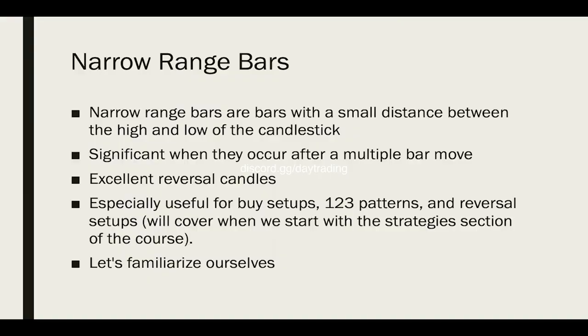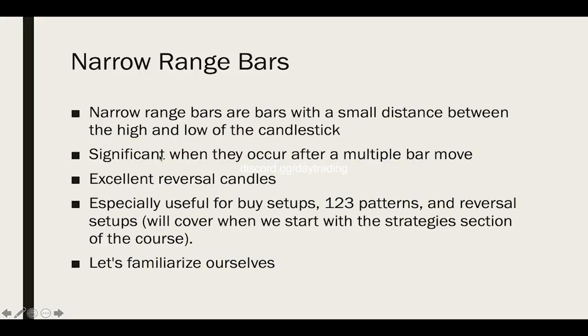So now let's go into narrow range bars. A narrow range bar is a bar that has a small distance between the high and the low of that candlestick, meaning there really isn't all that much price action happening. We're going to see an example in a second, and it will make a little more sense.